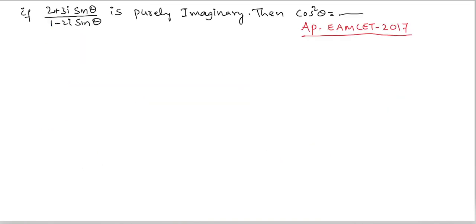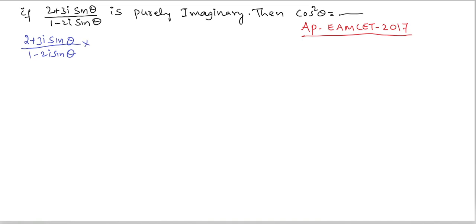If (2 plus 3i sin theta) by (1 minus 2i sin theta) is purely imaginary, then cos square theta is equal to dash. APMSET 2017 question. Here it is given that (2 plus 3i sin theta) by (1 minus 2i sin theta) is purely imaginary. Purely imaginary means the real part is equal to 0.